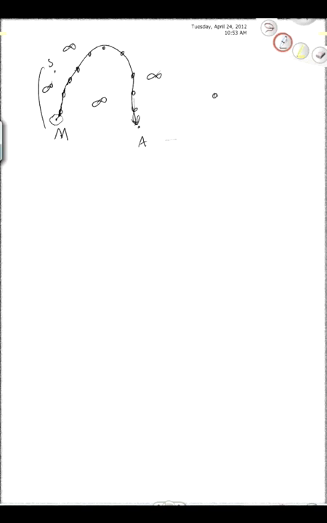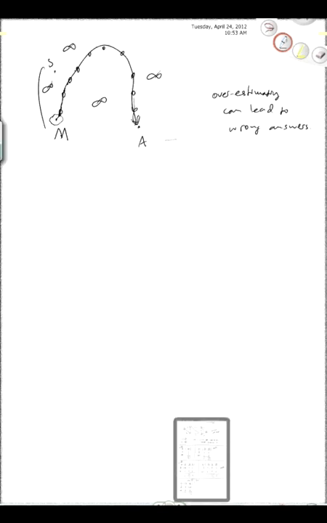And so overestimating can lead to wrong answers. So that's the basic idea behind A* search and why we have to have underestimating distance functions.